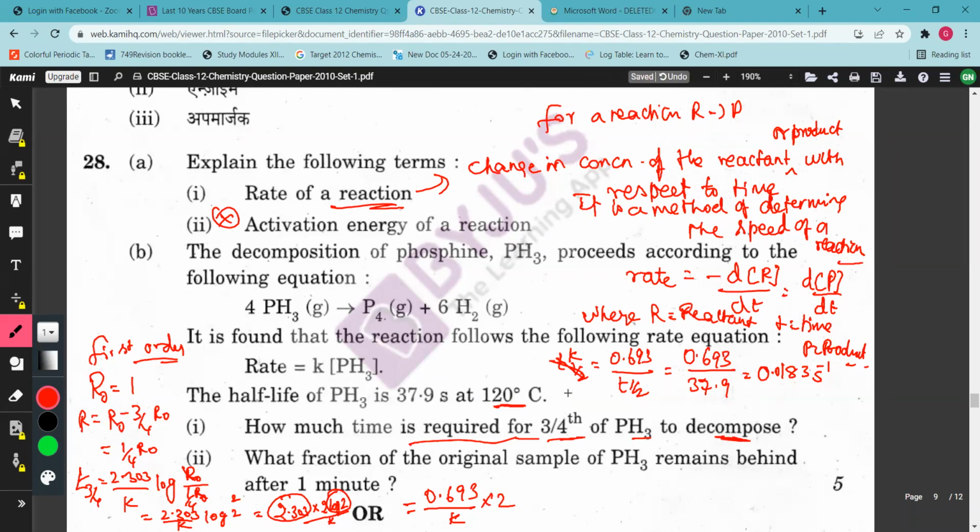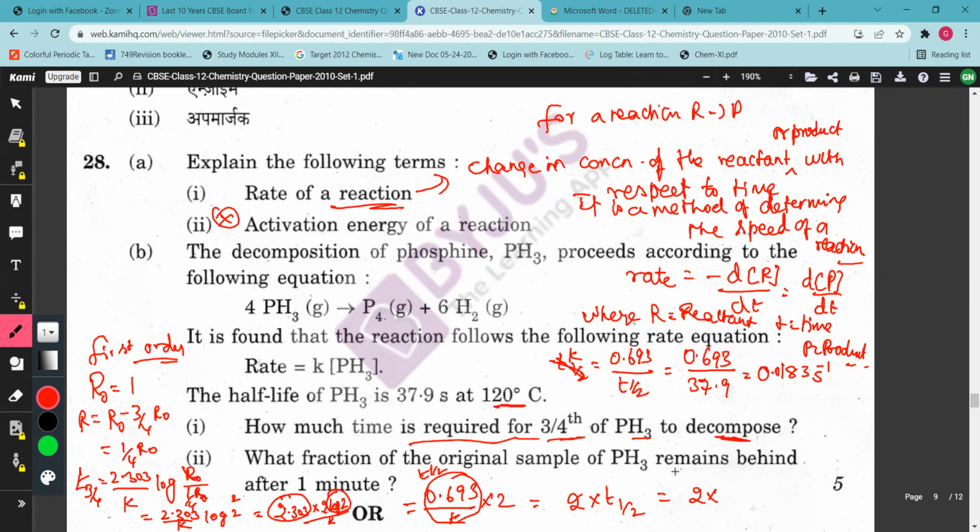And I already know 0.693 by K is T half. So 2 into T half will give you the time required for 3/4 decomposition. Actually, we did not calculate K here.